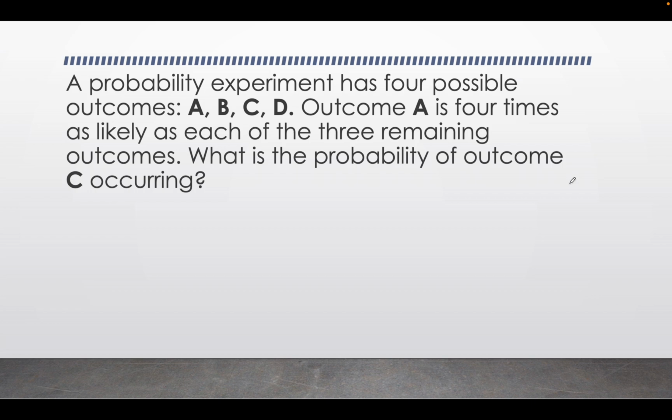A probability experiment has 4 possible outcomes, A, B, C, and D. Outcome A is 4 times as likely as each of the remaining options, B, C, and D. What is the probability of outcome C occurring?